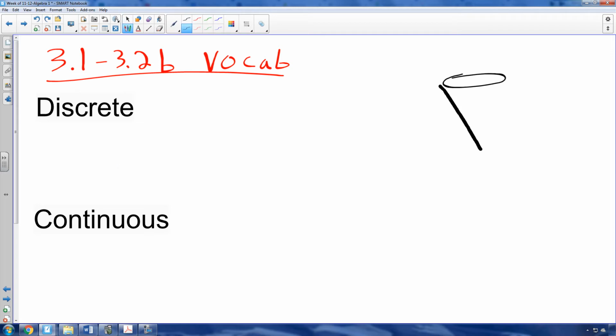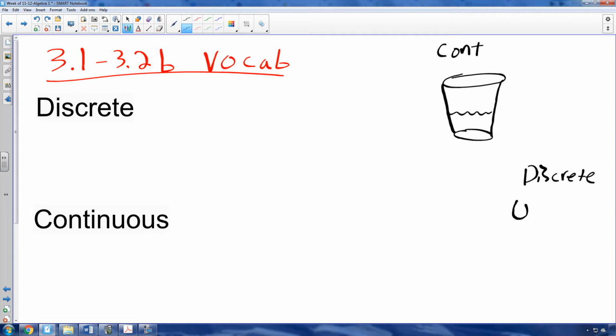Milk, oh, this is not a good drawing. Milk is continuous because when you have a glass of milk, it continuously fills up, right? You measure it. This is continuous. But eggs are discrete.